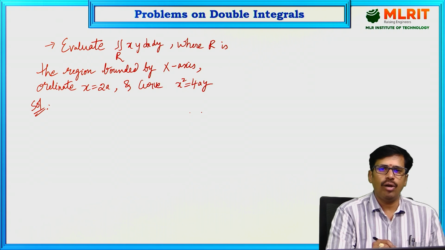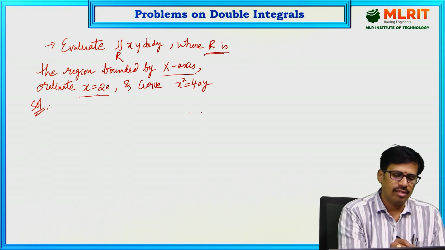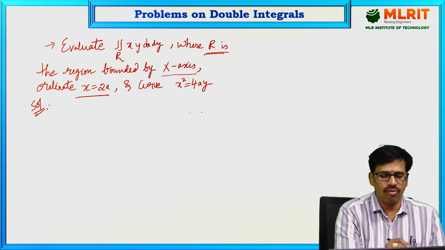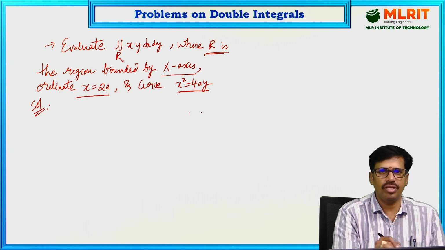So double integral over the region R. How is R given? Bounded by three lines: one line is the x axis, another the ordinate, x equal to 2a, and this curve. So there are one curve and two lines. In between these, the region is given.